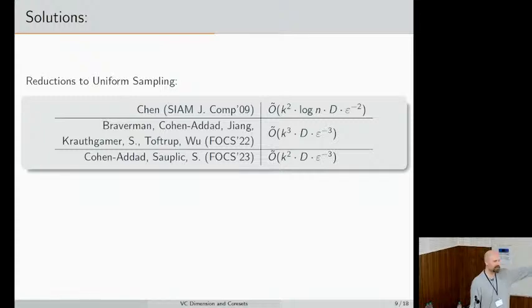Here, just to give you some idea, is this log n, which we're typically really eager to avoid, right? If you want to brute force it, you don't want dependencies on log n. This is the earliest type of reduction to uniform sampling that you could get. With a lot of effort, you could replace log n with dependencies on k and epsilon.